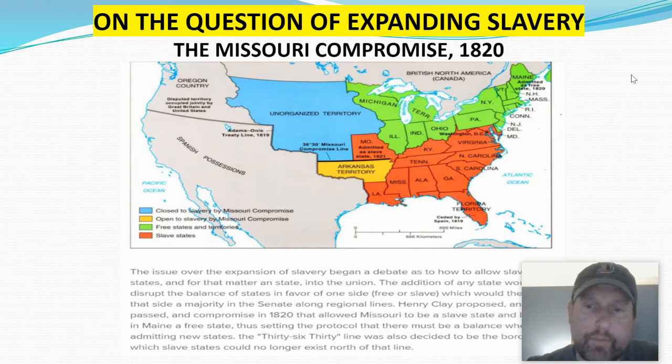And so, what we mean by that is that as Missouri is added to the Union in 1820 and 1821, they come in as a slave state, and that would upset the balance of power in Congress and Senate in favor of the slave-holding South.